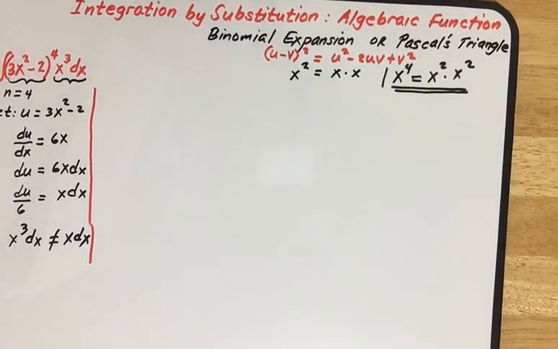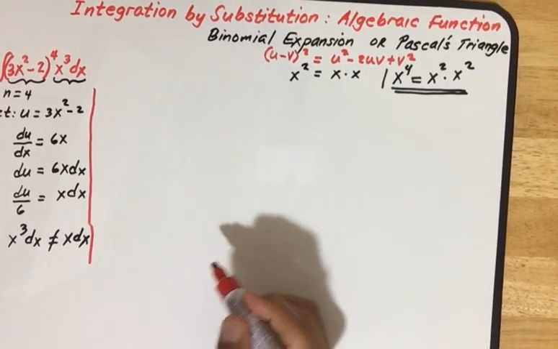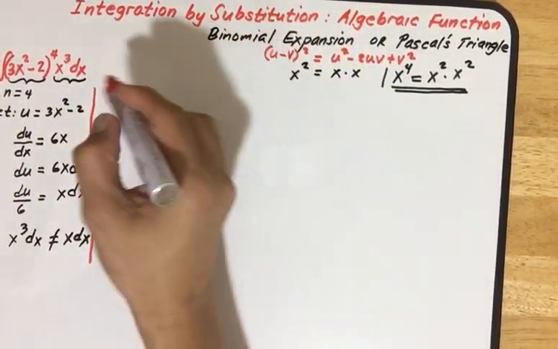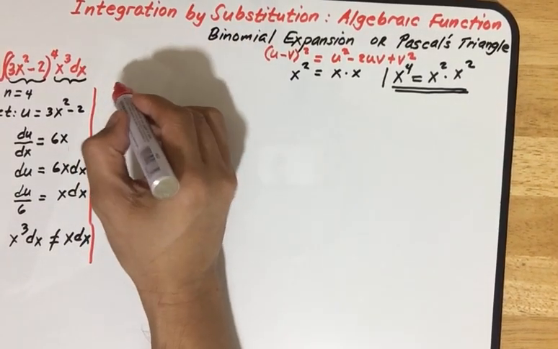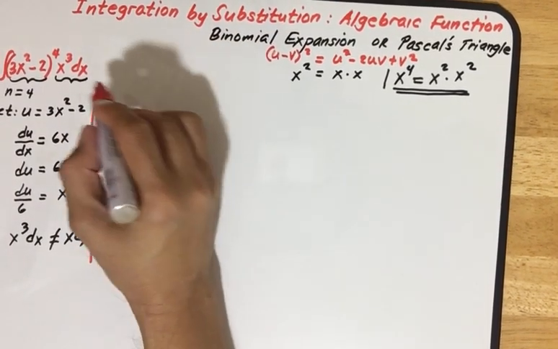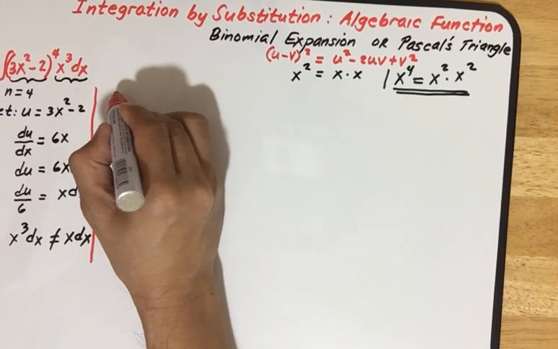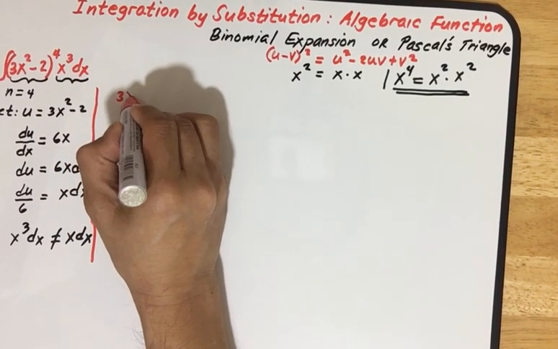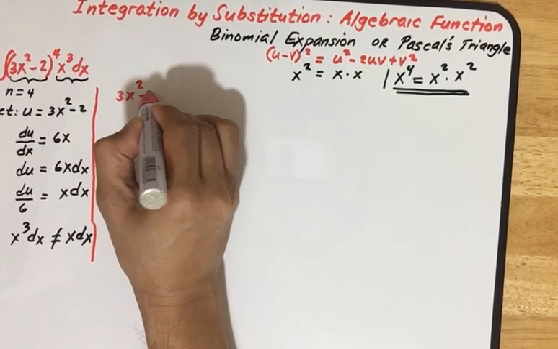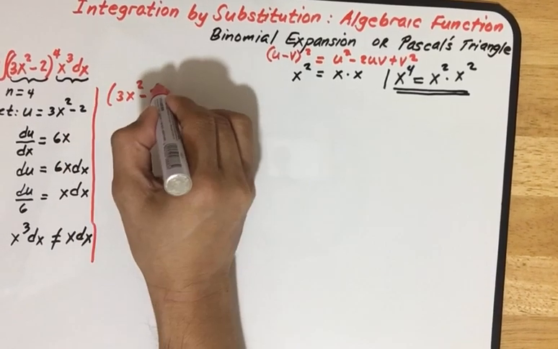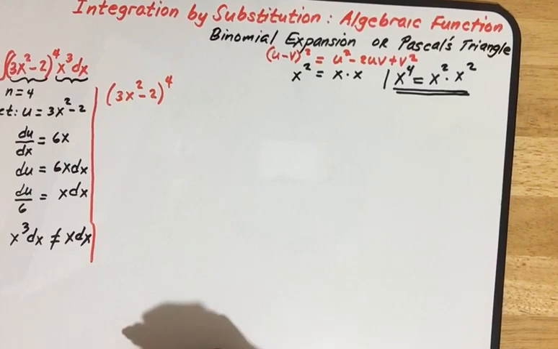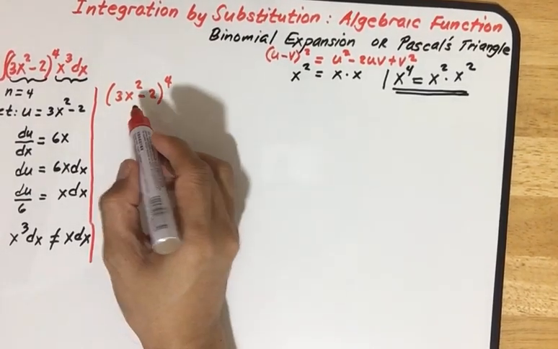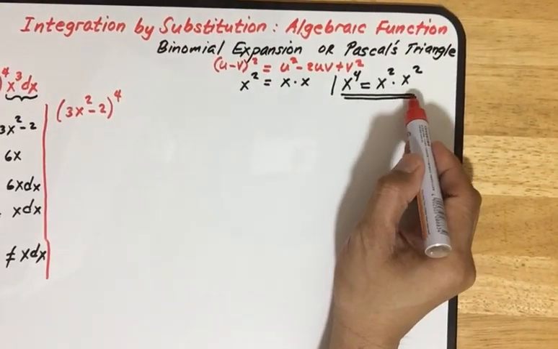So from our given, the integrand is 3x squared minus 2 raised to a power 4. We can use this principle here.